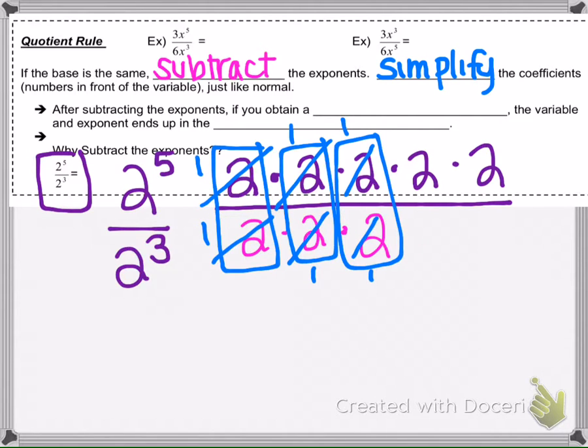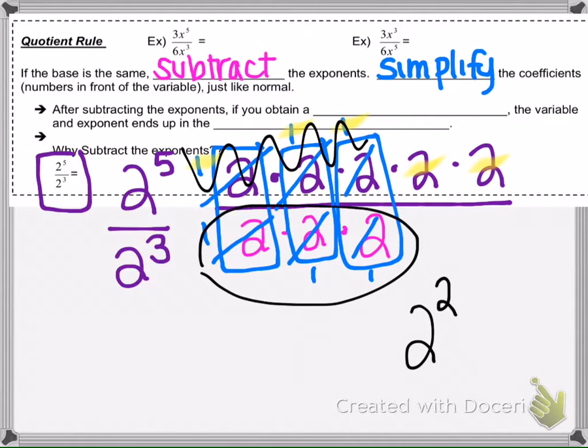So what we have left is 1 times 1 times 1 times 2 times 2 on the top, which we can ignore because multiplying by 1 is just 1. So all we're left with is 2's being multiplied, and then on the bottom you just get 1. So it's just 2 to the 2nd power.